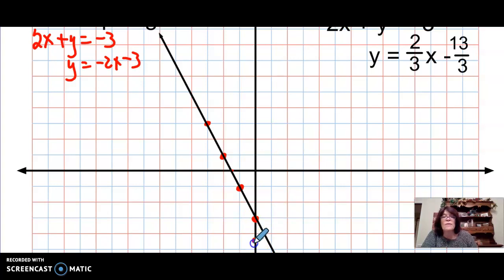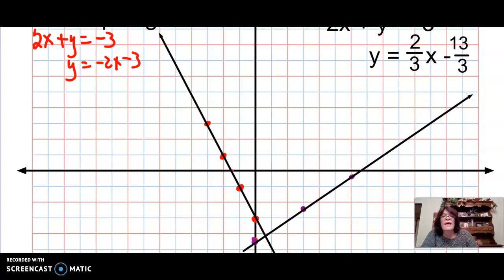And my slope is positive 2/3, so I'm going to go up 2/3. I was at 1, 2, 3, negative 4 1/3, just a little bit under there. Yeah, so up 2/3. It looks pretty good. Alrighty.